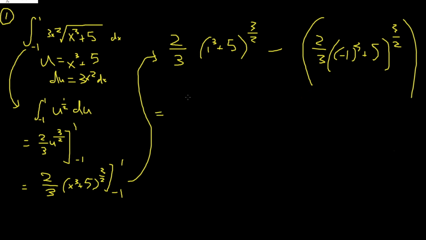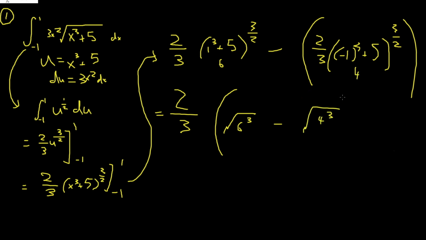To simplify, we can factor out a 2/3, so we get 2/3 times 6 to the 3/2, that's just the square root of 6 cubed, minus 4 to the 3/2, the square root of 4 cubed, which we know is the square root of 64.